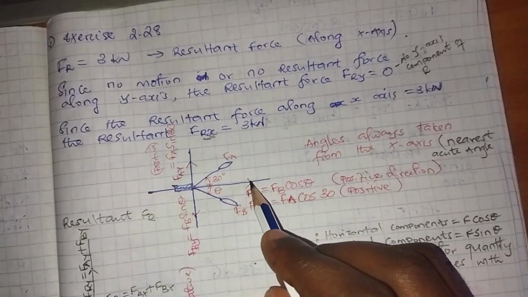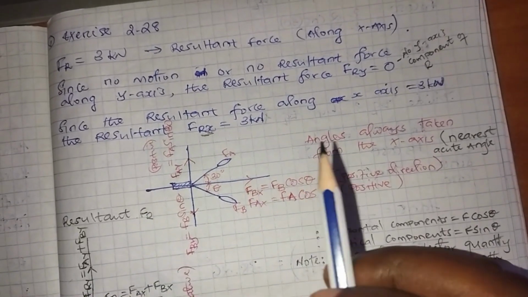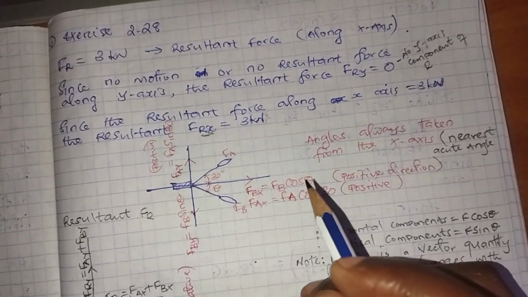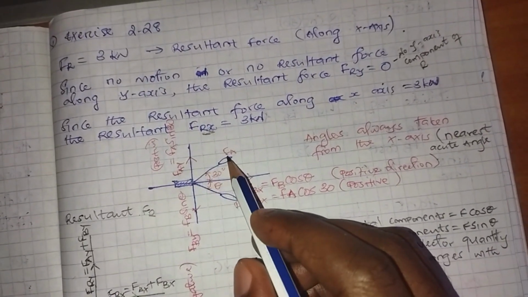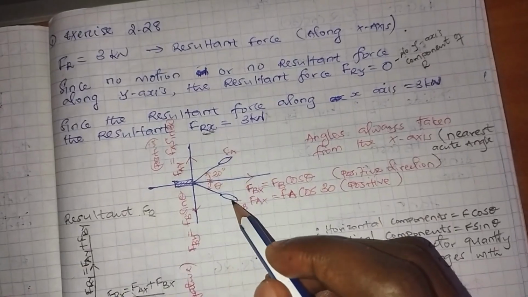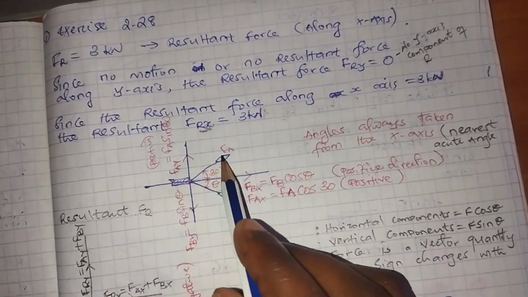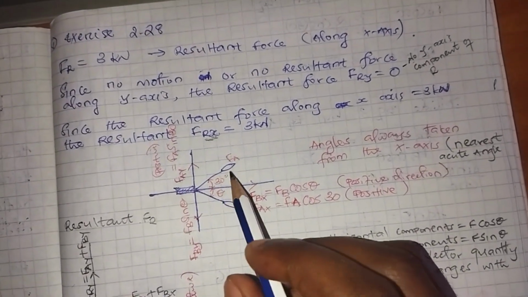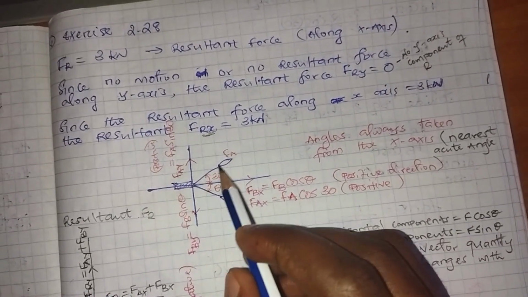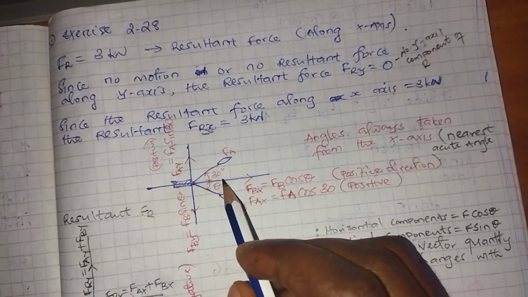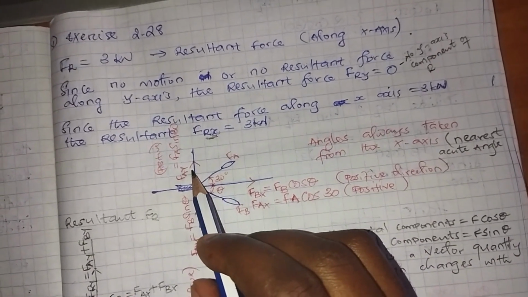Normally, if you are not given the resultant force, you can compute it by decomposing. For example, assuming it was only one force FA, you can decompose FA into its respective x and y components.